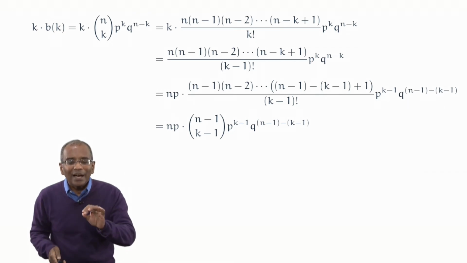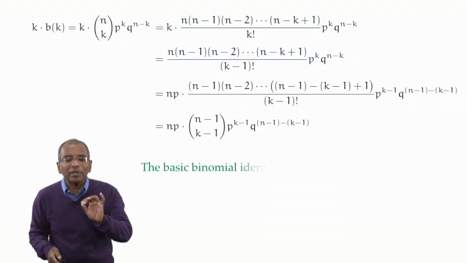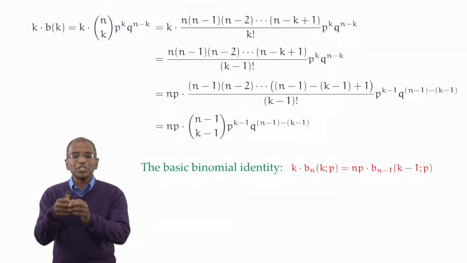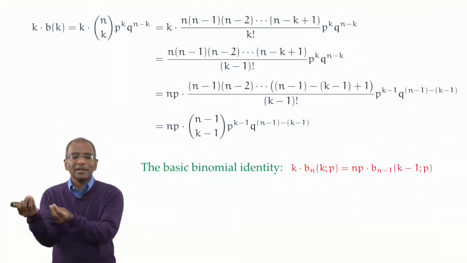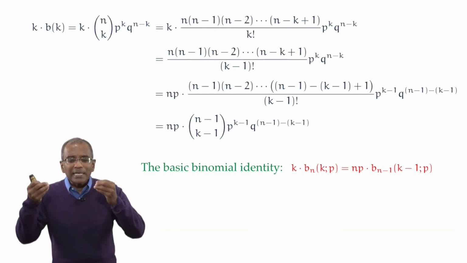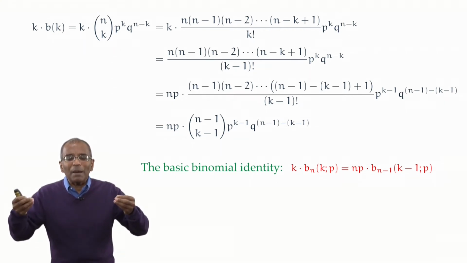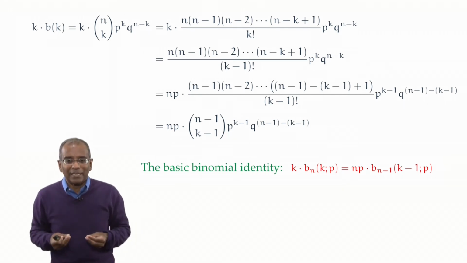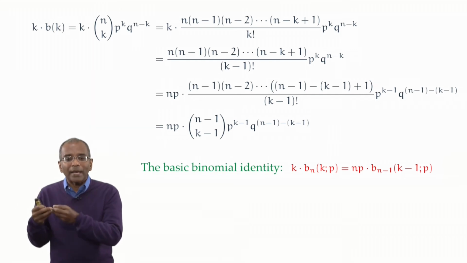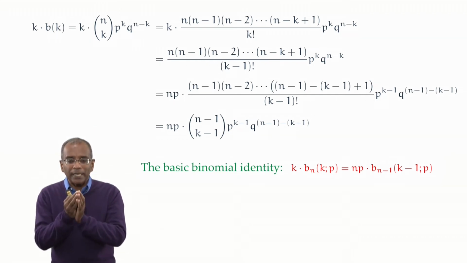And here is a key binomial identity. On the left, I have a generic integer k times the binomial probability b of k. Now let us identify the roles of the parameters n and p explicitly. So on the left, we have k times b sub n of k and p.